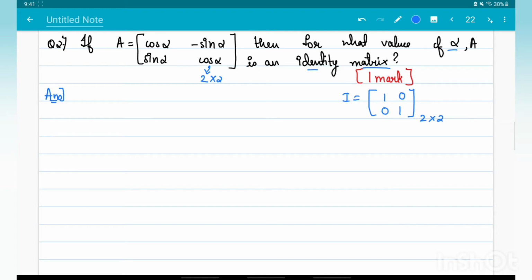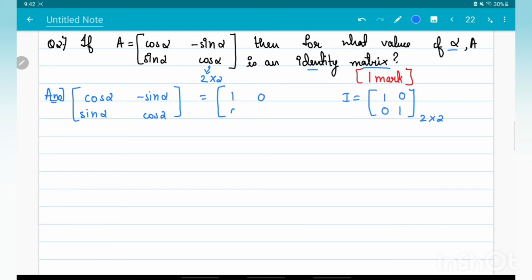So first of all, I'm going to equate this identity matrix with this matrix A. Then I'll equate the corresponding elements of both the matrices, and I'll find the value of alpha.